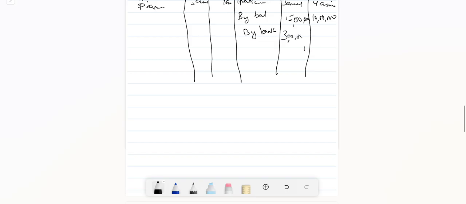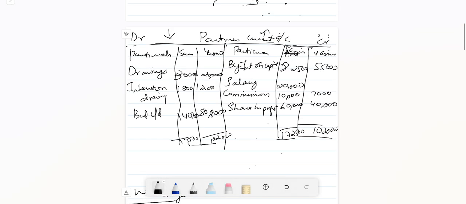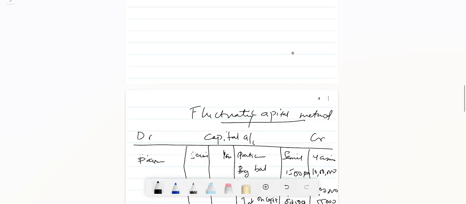I'm showing you the shortcut. You don't have to struggle. Okay. So next is by interest on capital. Interest on, you don't have to write by here. Interest on capital, 82,500, 55,000.